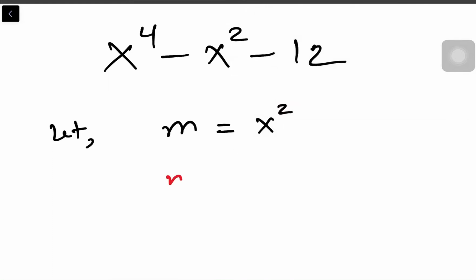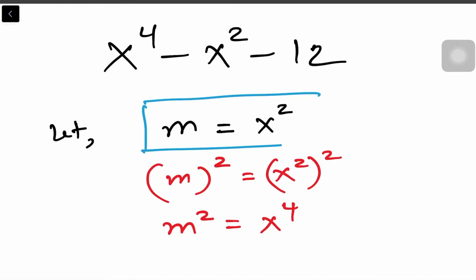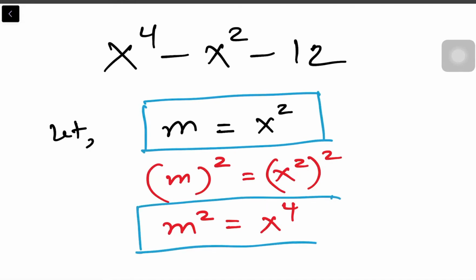If I square both sides, I'm going to get m squared equal to x raised to the power 4, okay? So we are going to use this two information to modify our given problem, okay?